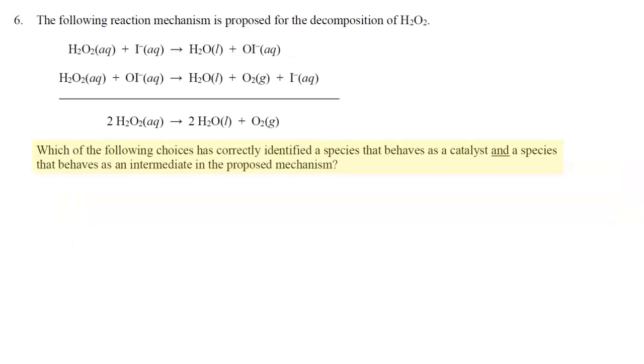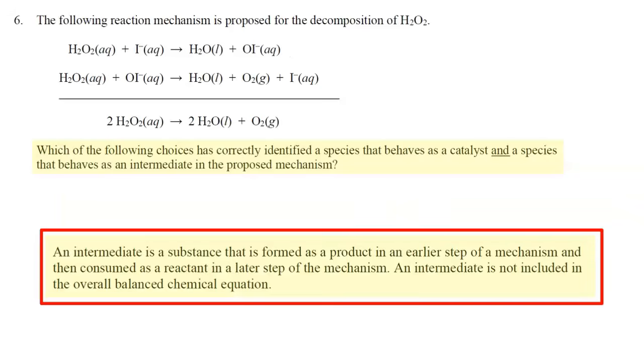Now, let's go back to question 6 so we can see that there is a substance on the right side of the equation in step 1. This is called the hypoiodite ion, which has the formula OI-, and that is formed as a product in step 1 and then consumed as a reactant in step 2.